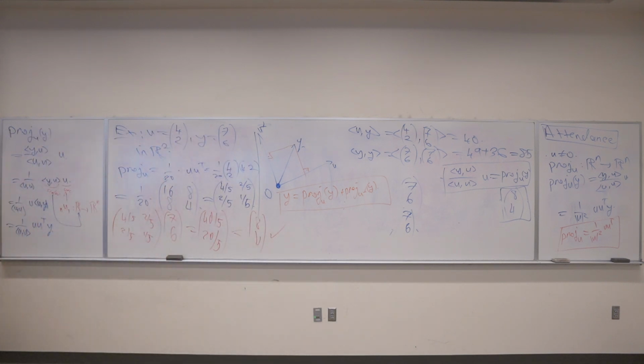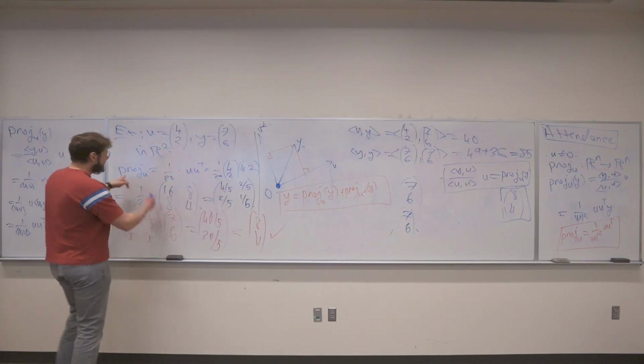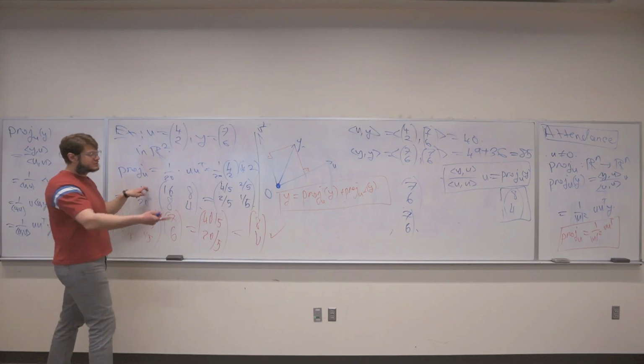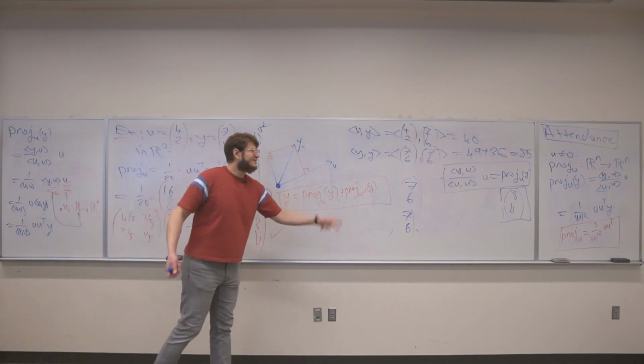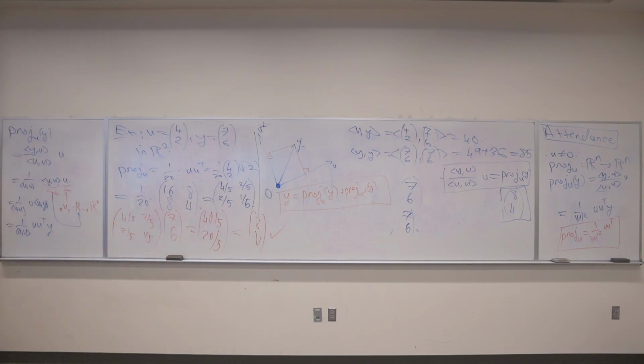The benefit of this formula, of course, is that now you have an expression for proj sub u itself, so you can just plug in whatever vector y you want. You can do the same thing over here too, but the expression is going to be slightly nastier.